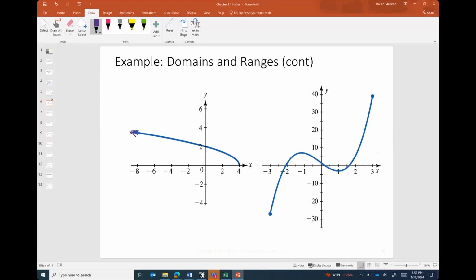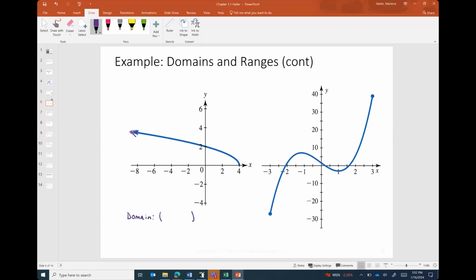So if I wanted to find the domain and it's continuous, I would need to first specify the smallest value or the lower bound, and then specify the highest value or the upper bound, and we enclose those values in parentheses to say it's an interval. Well, what would the lowest value be?